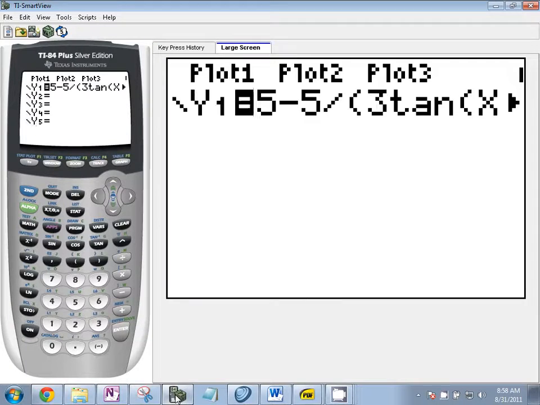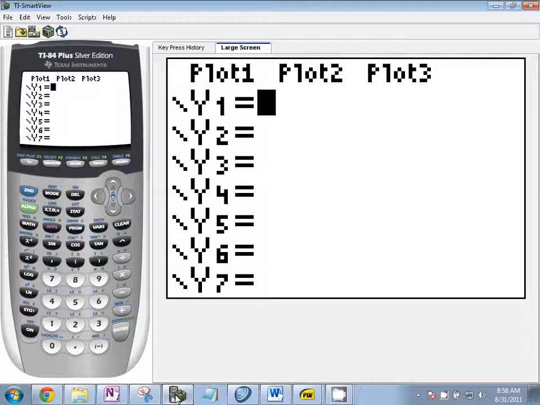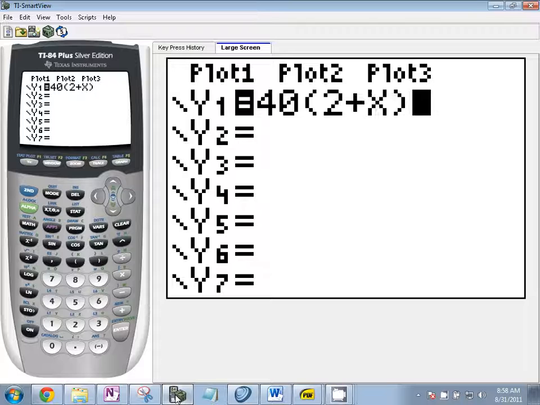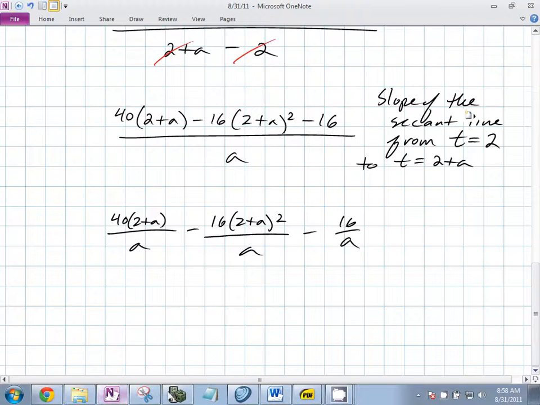So I'm going to clear this to go back to the nice graphing that we know, right? So what was it? It was 40 times 2 plus x, divided by x. Do I need parentheses? No, because it's a division function.